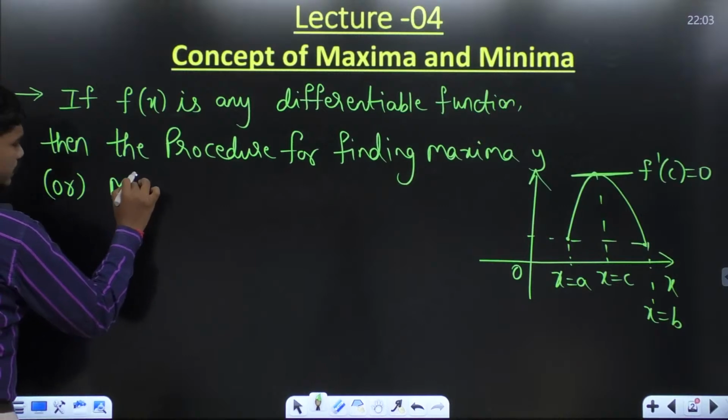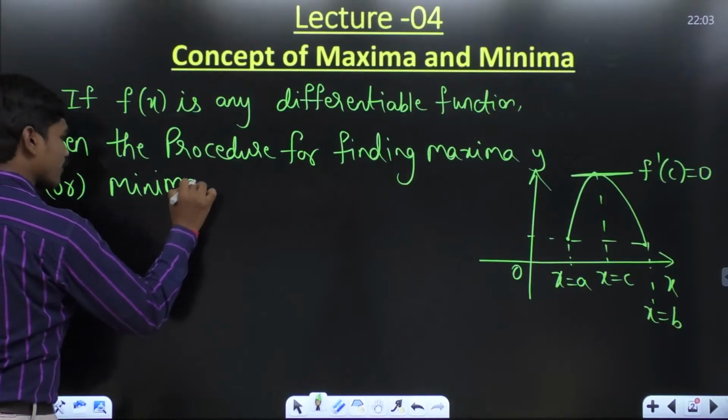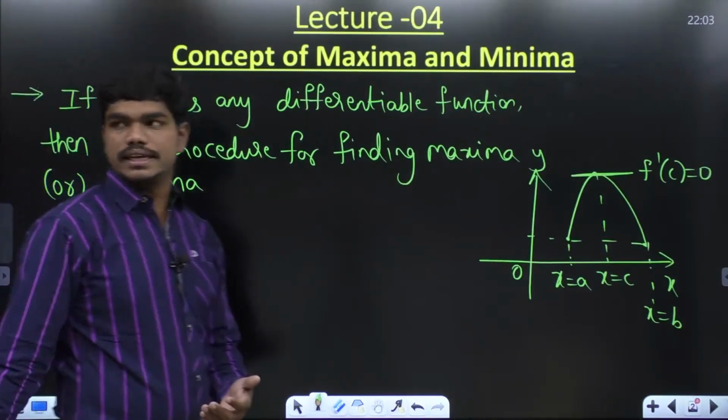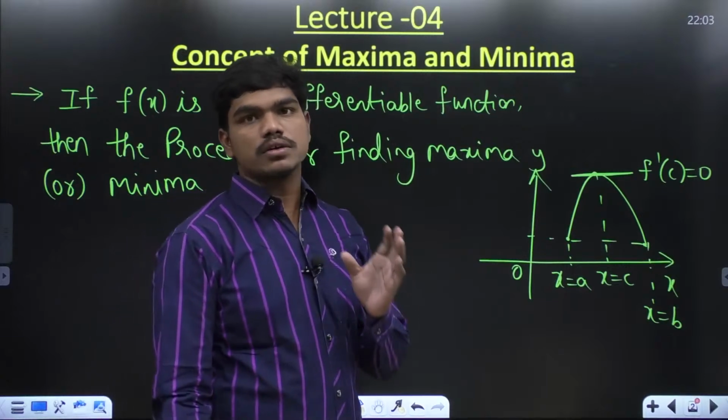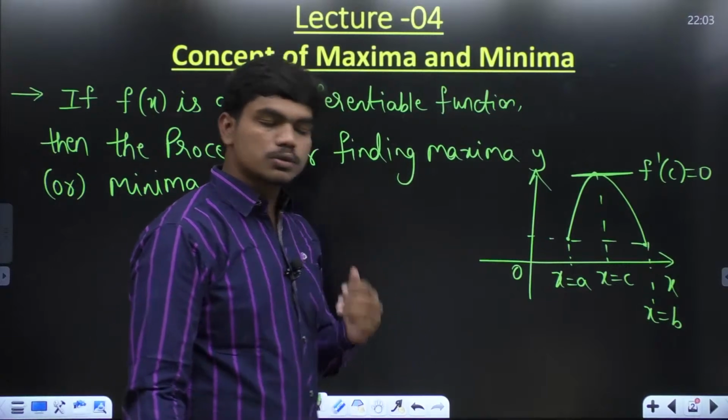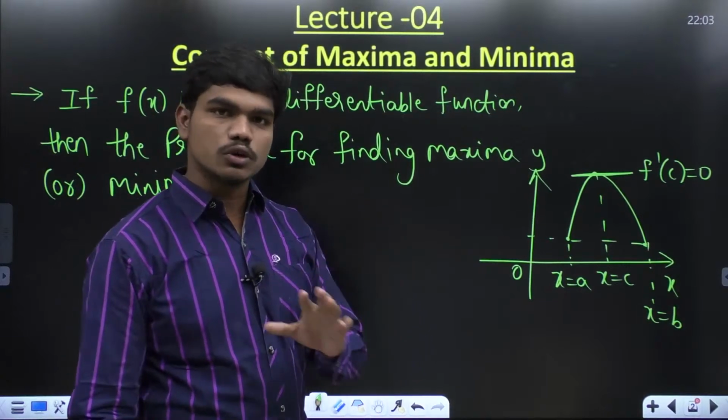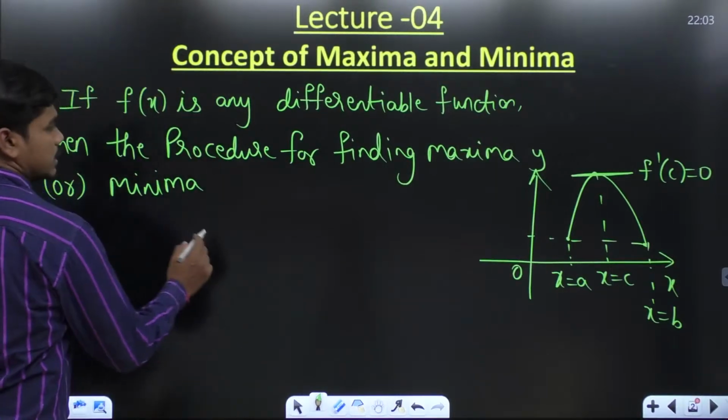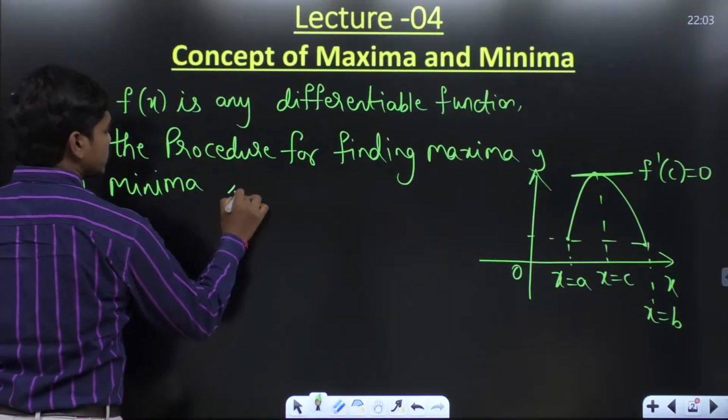This concept is really important because a lot of questions have been asked in the GATE examination, and today we'll solve quite a good number of questions. Those problems which we put in this presentation are really good problems, so please stay tuned for the entire class. So finding maxima and minima is as follows.